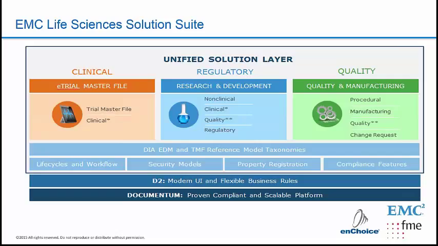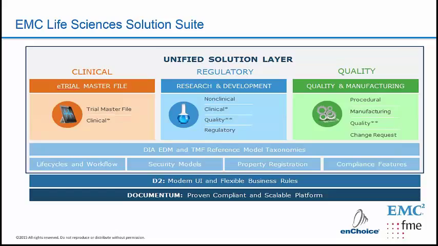So you have these 3 different applications or solutions on top of the D2 layer, and each of them within themselves have various what EMC calls domains. Within the regulatory R&D, for example, you have a non-clinical domain, a clinical domain, a quality domain, etc. Same with quality and manufacturing.